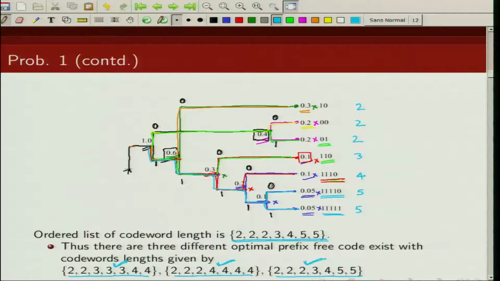So you can see for a source which emits this 7-ary random variable with these probabilities, there are fundamentally 3 different ways in which we can construct an optimal binary prefix free code.